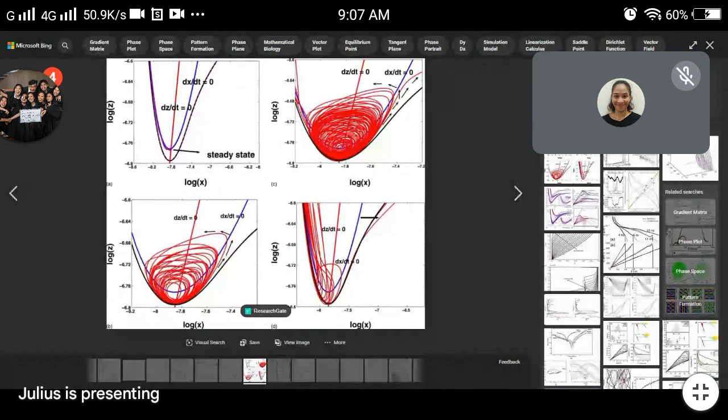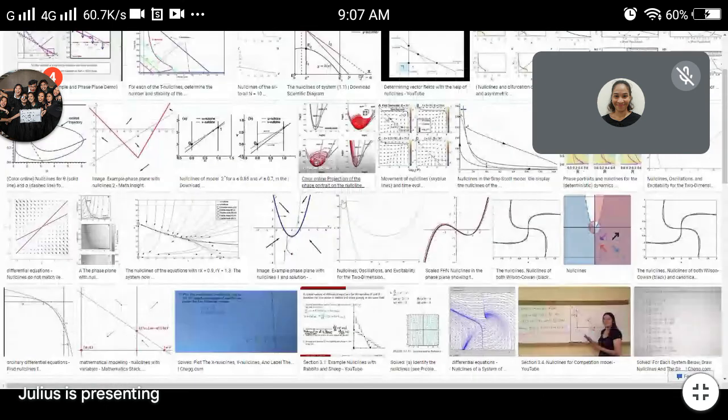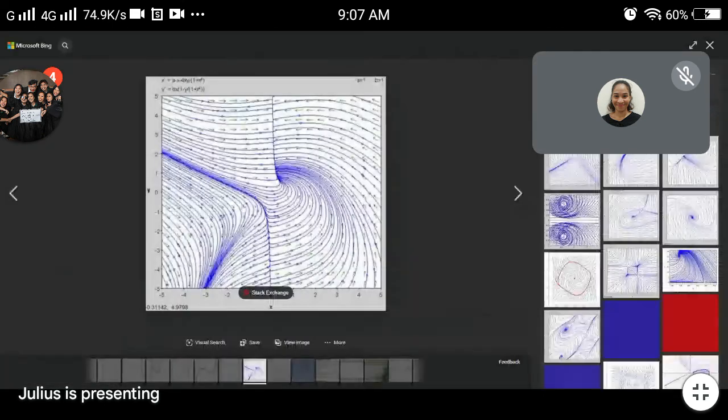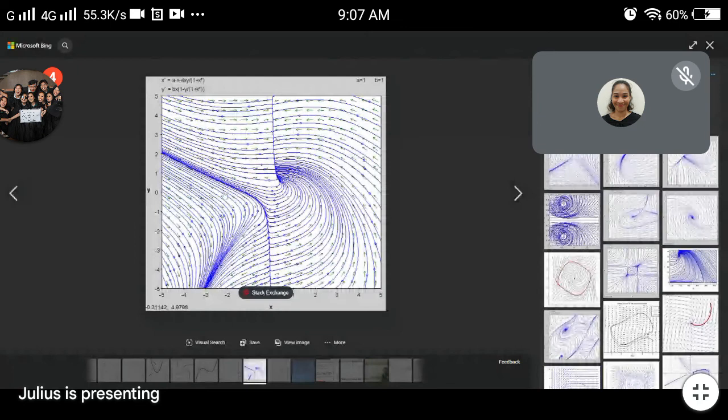Okay, so for example, in this one they were able to describe it as oscillatory, the behavior of oscillation. Okay? Let's look at another null lines example. Here we have null lines but it seems there is no steady state.